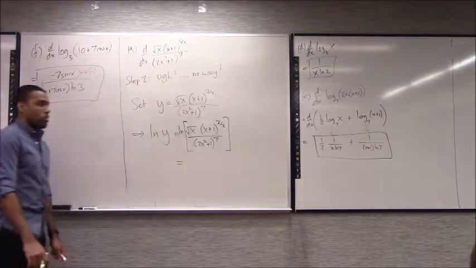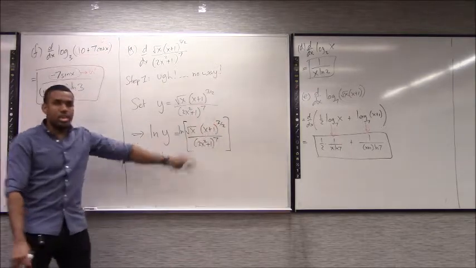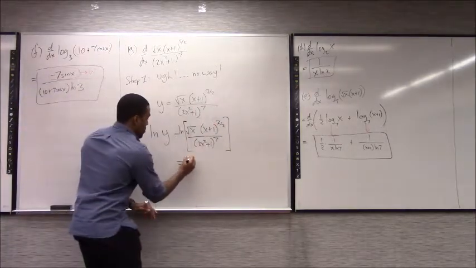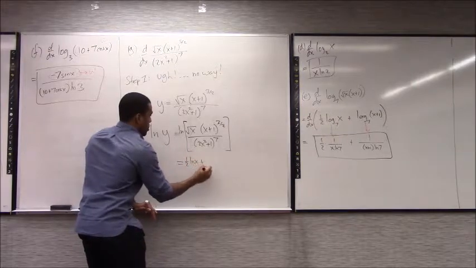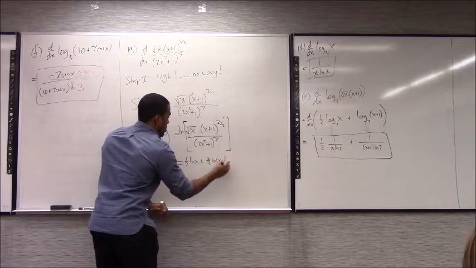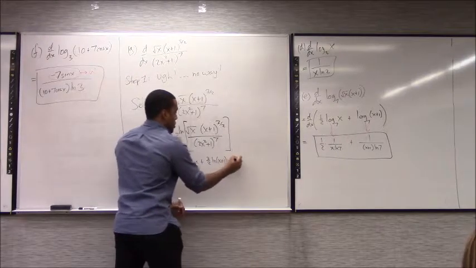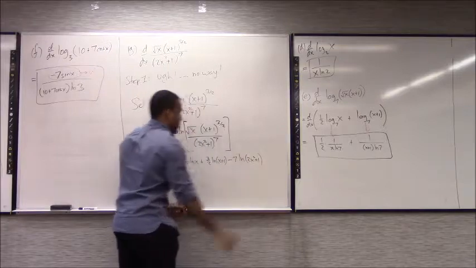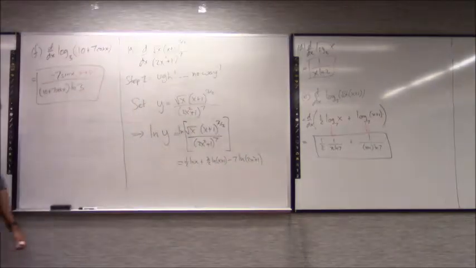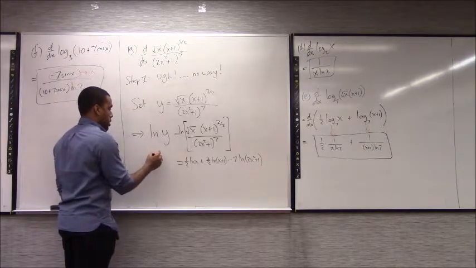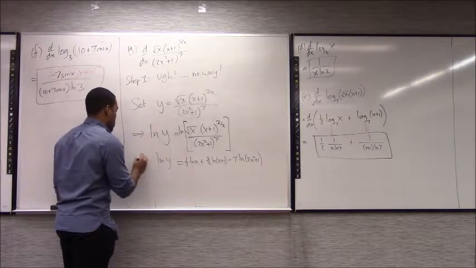Why would I do that? Well, I can simplify this guy now based on the log rules. That is going to be 1/2 ln x plus 3/2 ln of x plus 1 minus 7 ln of 2x squared plus 1. This guy here is just ln y, of course.